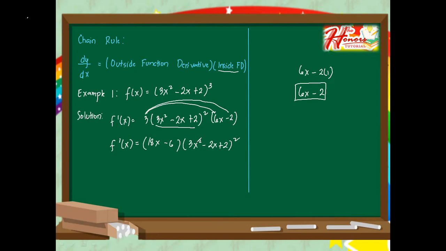So aside from that, as you can see here, we have here 18x, where 3 is multiplied by 6x.